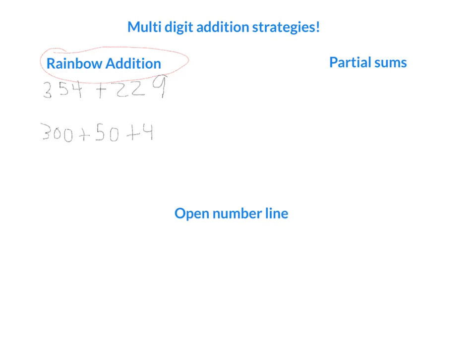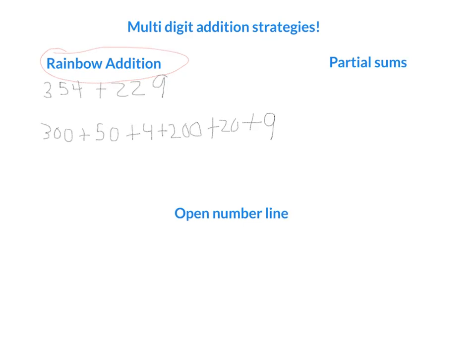Okay. So then we're going to break up the second number in our addition problem, which is 229. For the hundreds place, it would be 200, plus 20, and plus 9, just like we did for 354.